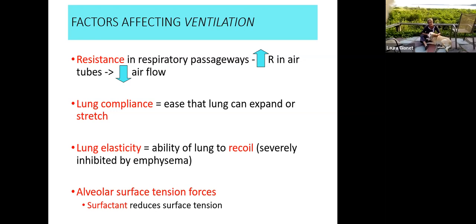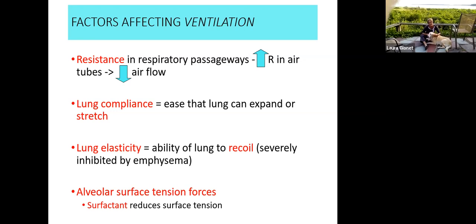So if you can't stretch them, then you can't have them recoil again. And if you don't have good quality elastin fibers in the walls of the alveoli, then you are not going to get this recoil effect that allows you to eliminate as much carbon dioxide as possible. This is severely inhibited with emphysema. It's one of the COPDs.